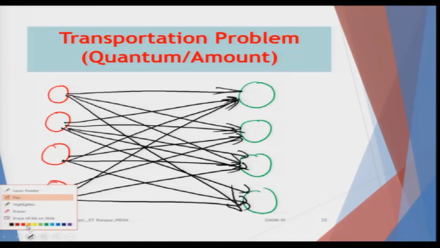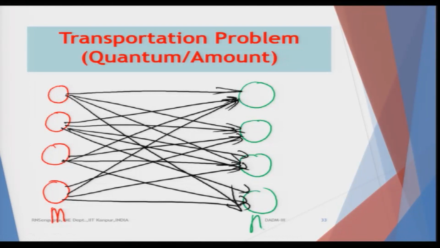So, the total number here is m, total number here is n.